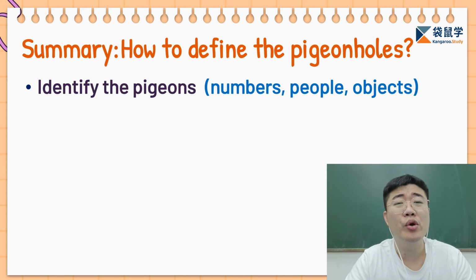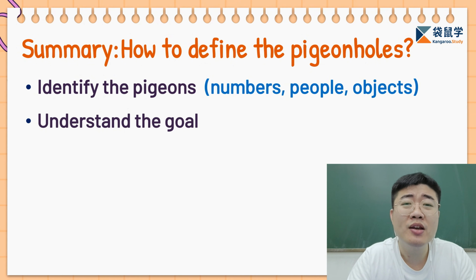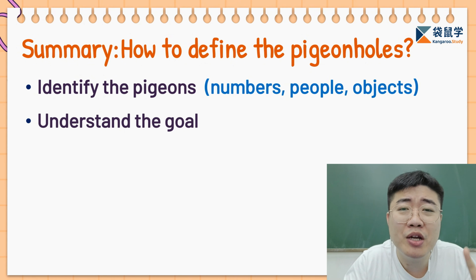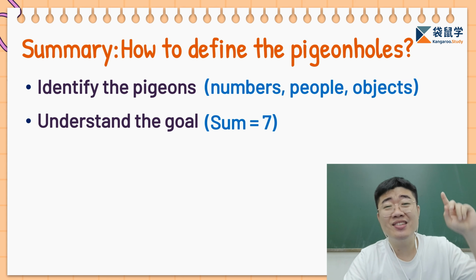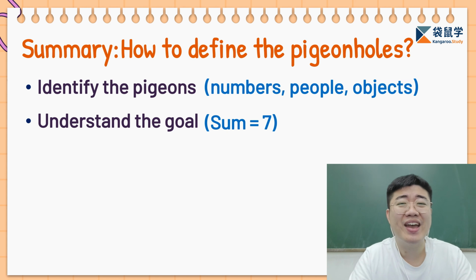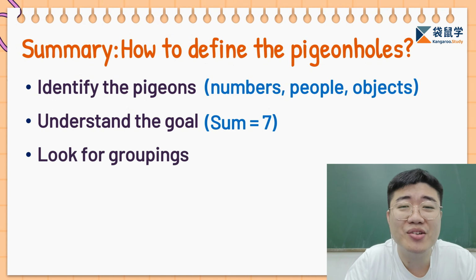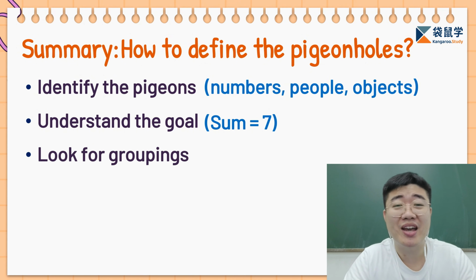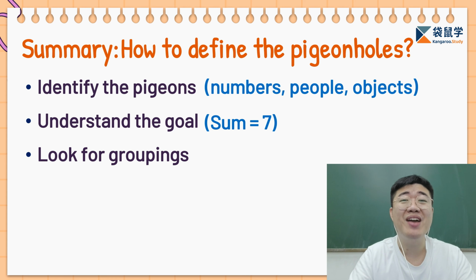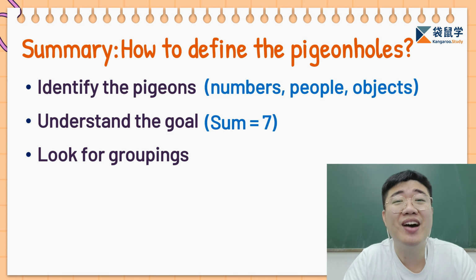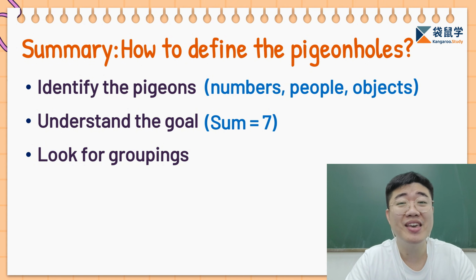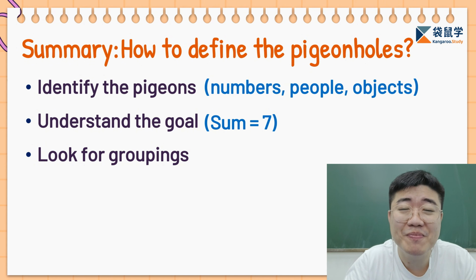We find the goal in the question. In this question, the goal is to get 2 numbers where the sum equals 7. According to this goal, we can group the numbers. Those numbers that add up to 7: 1 and 6, 2 and 5, 3 and 4. From there, we know that these different groups are the pigeonholes. And then we can solve the question using the principle.